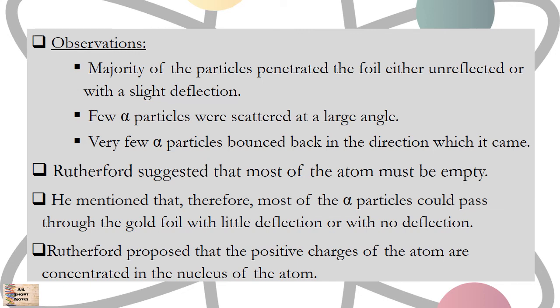Rutherford suggested that most of the atom must be empty. Therefore, most of the alpha particles could pass through the gold foil with little or no deflection. Rutherford also proposed that the positive charge of the atom is concentrated in the nucleus of the atom.